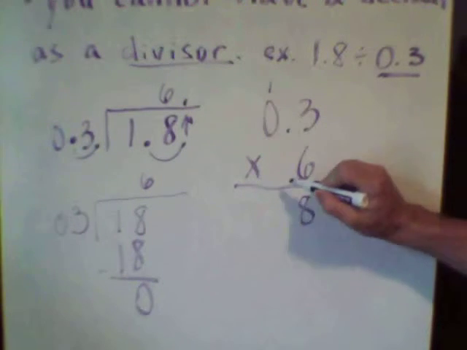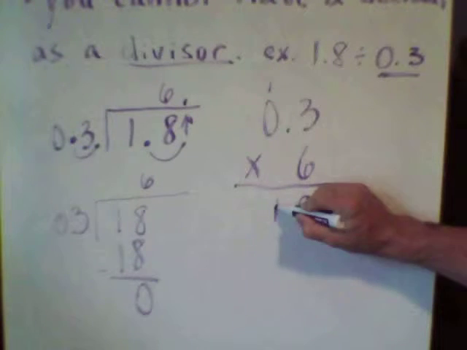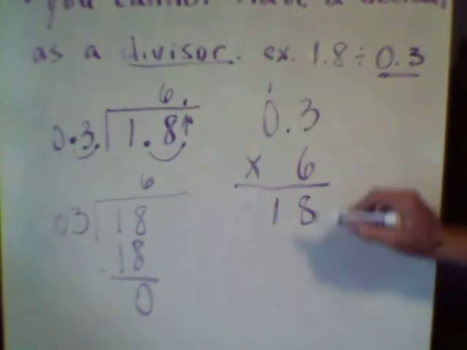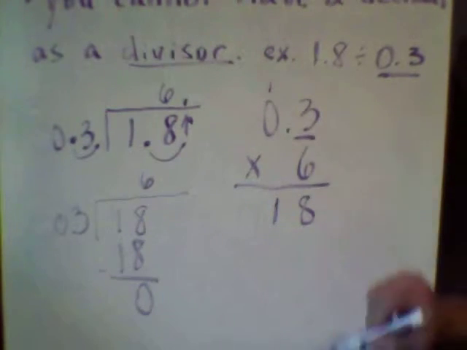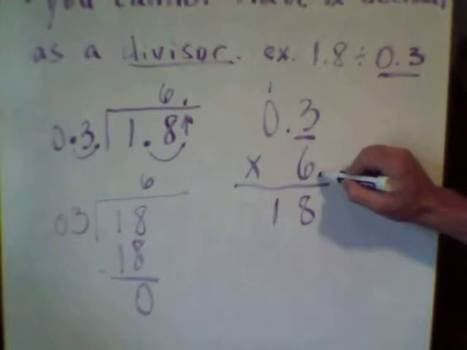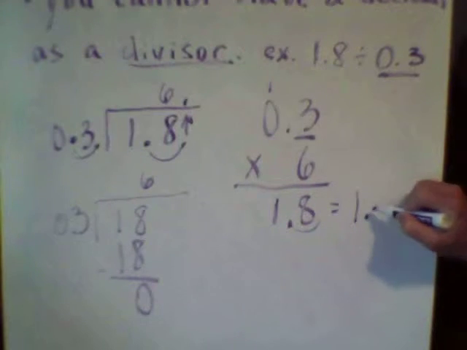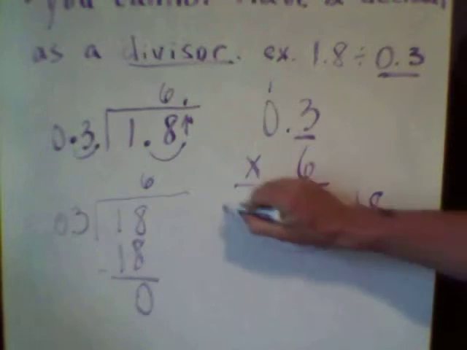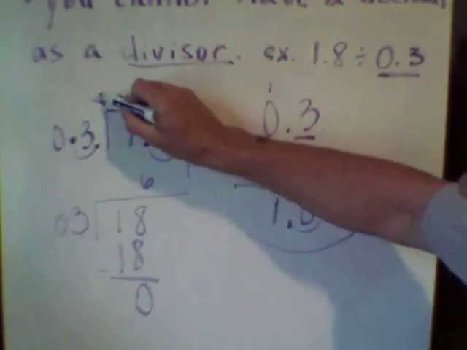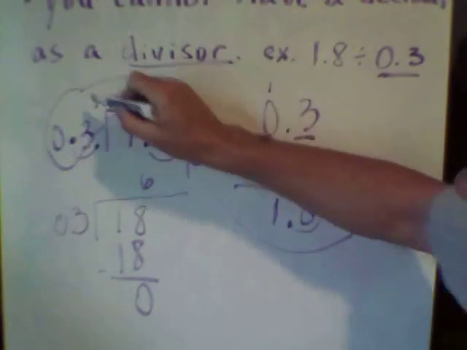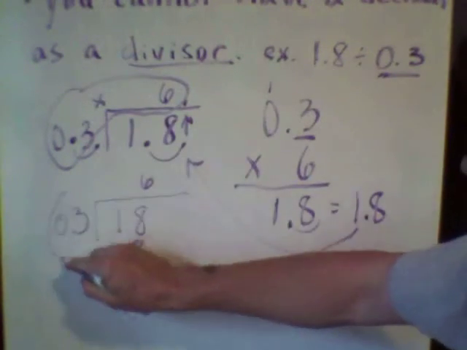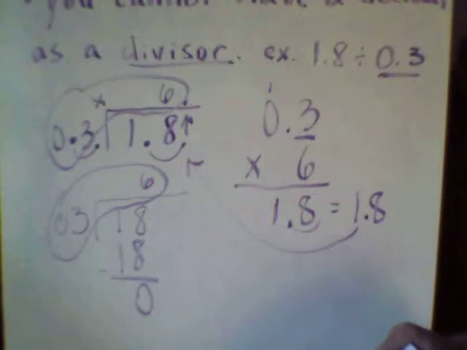Plus 1 is 1. And I have one place after the decimal. No decimals here to count, so I'm going to go right there, and my answer is 1 8/10, which is exactly what I started with. These two numbers, when I multiply them together, I get what's on the inside, the same thing as this problem.